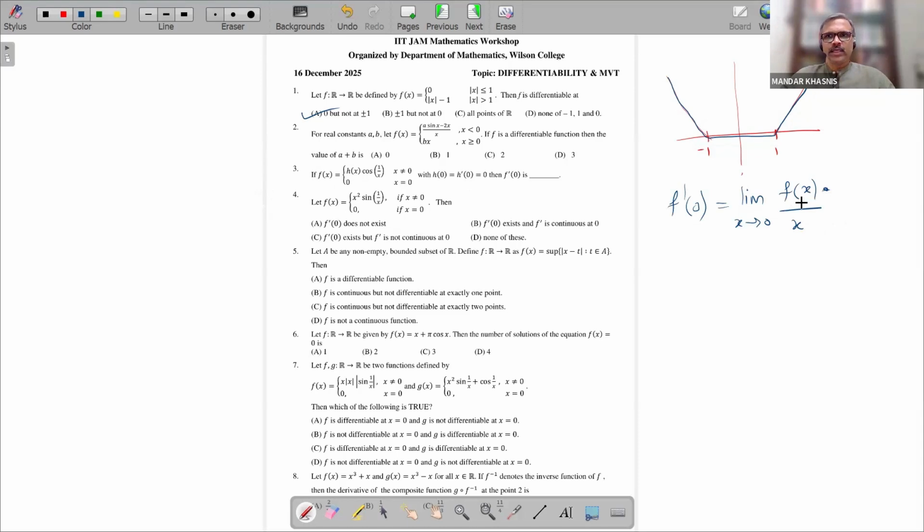And so when I put f of x, what do I get is limit x goes to 0, x cos 1 by x upon x. Right. And now, what to do? How to handle this? It's not very straightforward.